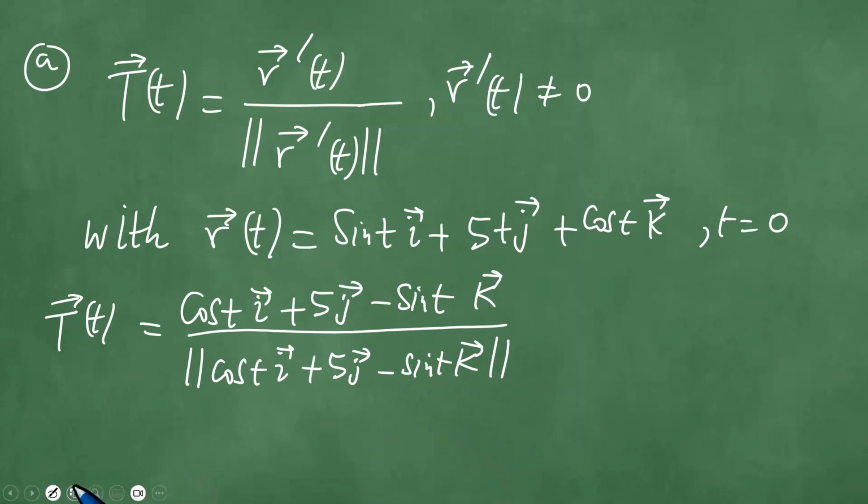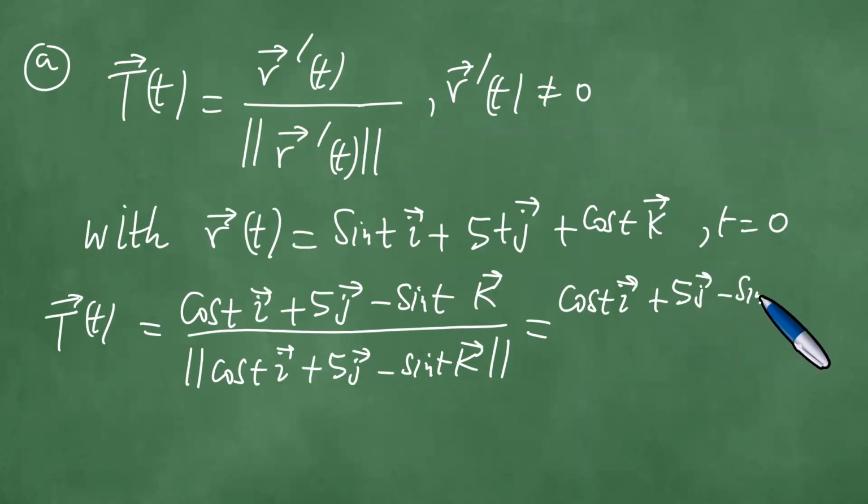And so what is the meaning of these here? So these can be seen as exactly cosine t i plus 5j minus the sine of t k.